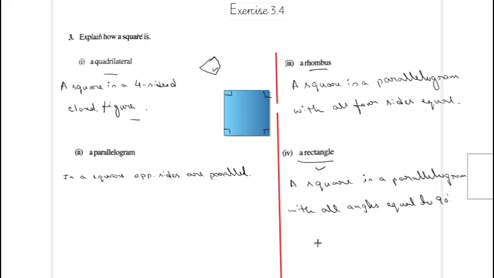Okay, now move to next question. Name the quadrilaterals whose diagonals bisect each other. Number 1, so bisect each other, first of all it is a parallelogram.